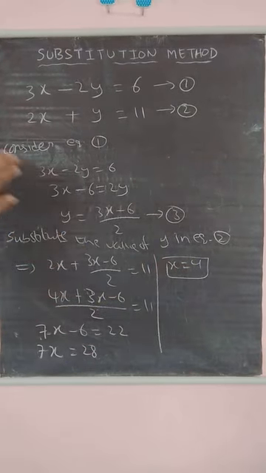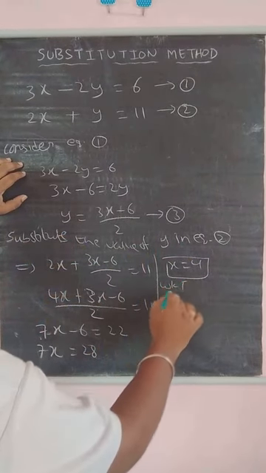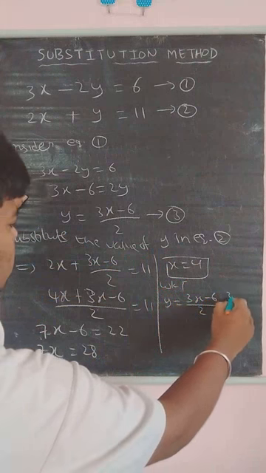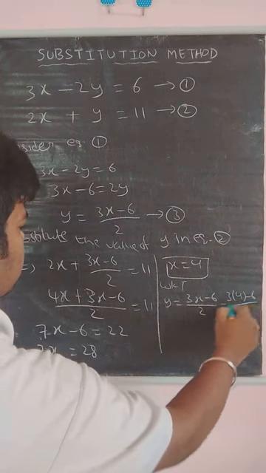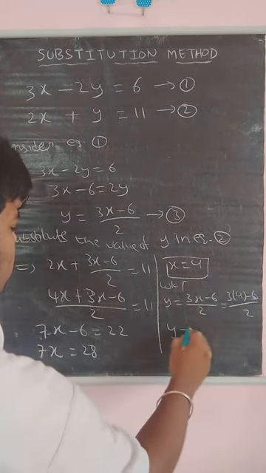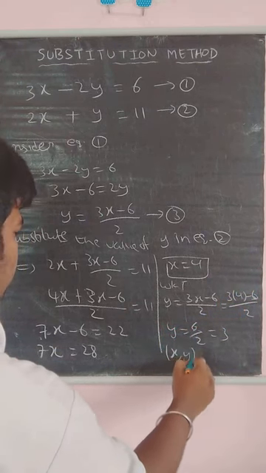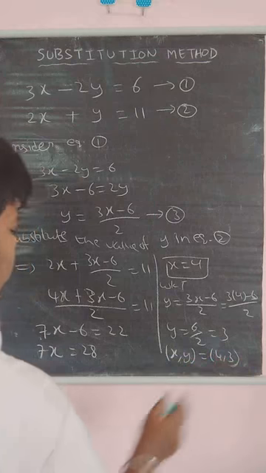So after getting the x value, we know that y equals 3x minus 6 by 2. So 3 into 4 minus 6 by 2, 6 by 2, finally 3. So x comma y is 4 comma 3.